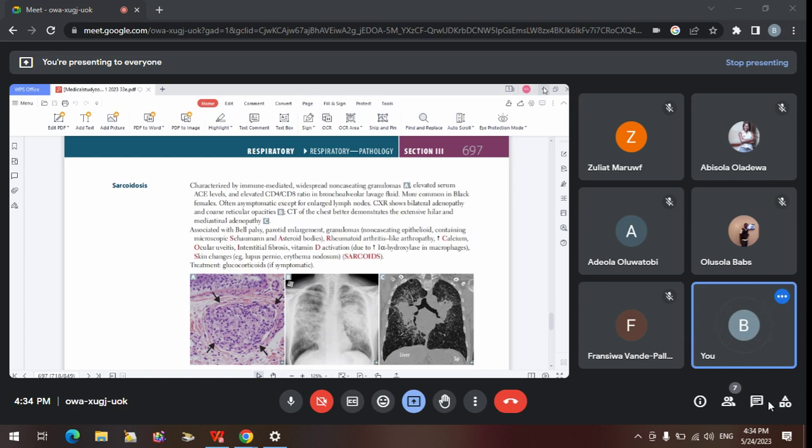Number two, the macrophages, when they get activated, exhibit increased activity of 1 alpha hydroxylase. That means you can readily hydroxylate your 25 hydroxy cholecalciferol to 1,25 dihydroxy cholecalciferol, producing vitamin D. So vitamin D becomes abundant, and the vitamin D can cause absorption of calcium and phosphate from the intestine. So it's been noticed particularly that the level of calcium rises in people with sarcoidosis.